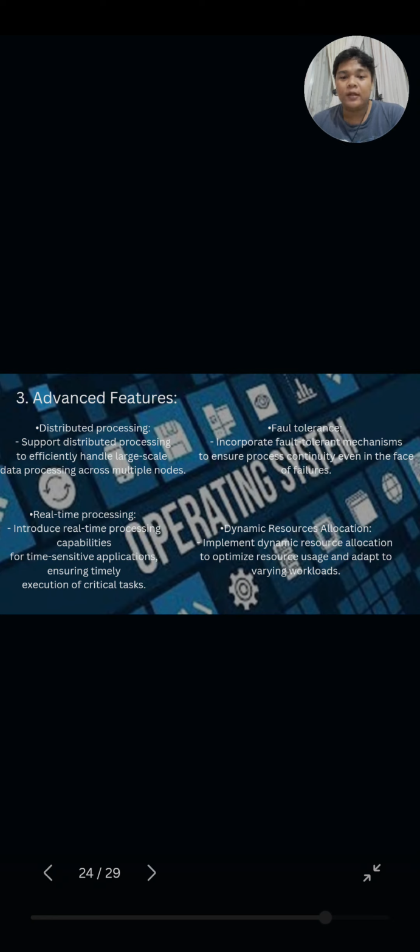Real-time processing. Introduce real-time processing capabilities for time-sensitive applications, ensuring timely execution of critical tasks. Dynamic resource allocation. Implement dynamic resource allocation to optimize resource usage and adapt to varying workloads.